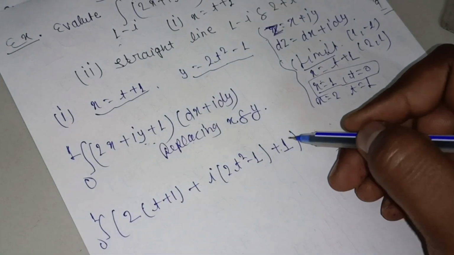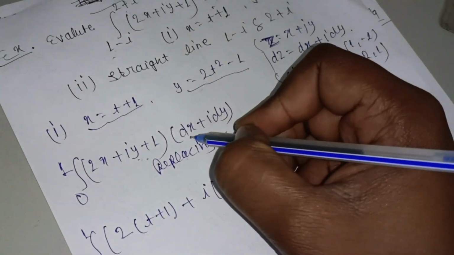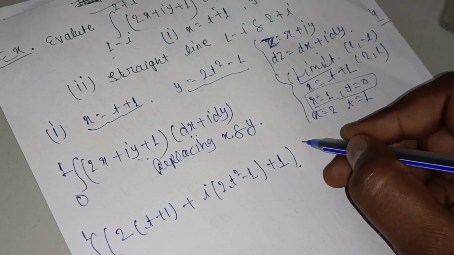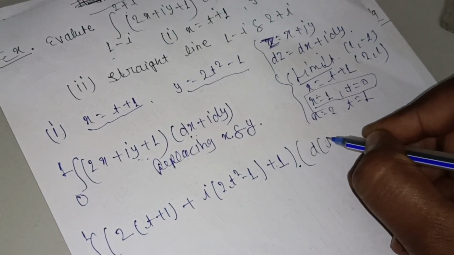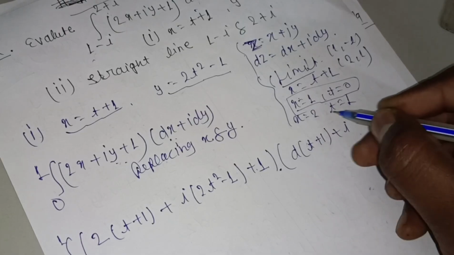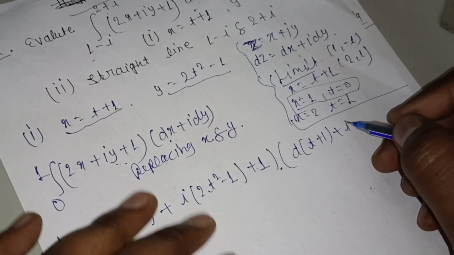So this is 1, and now here dx we will put in place of x, t plus 1, so dt plus 1 plus iota dy.